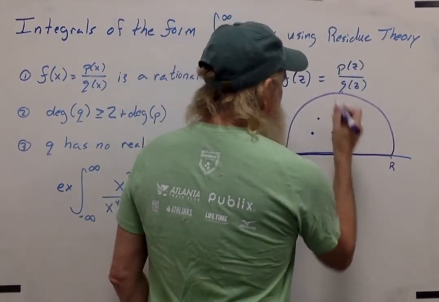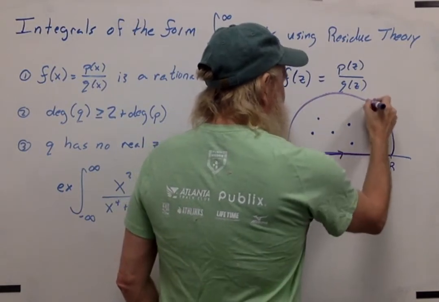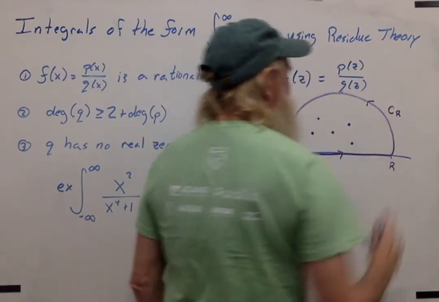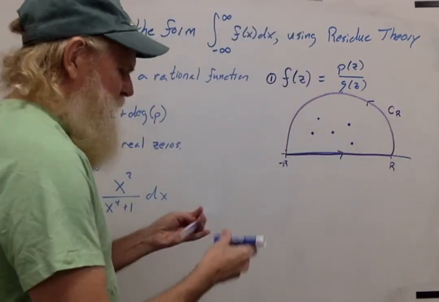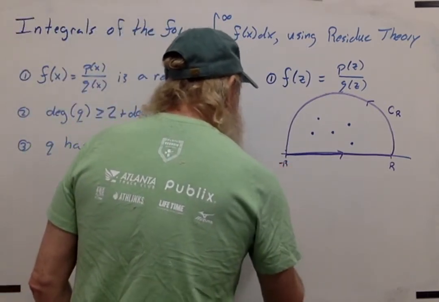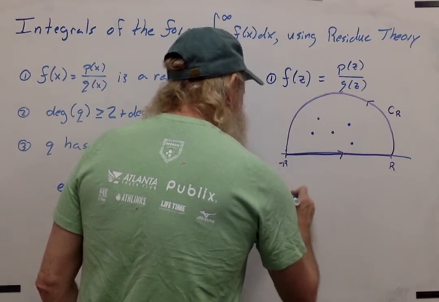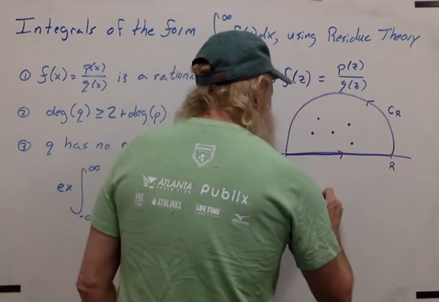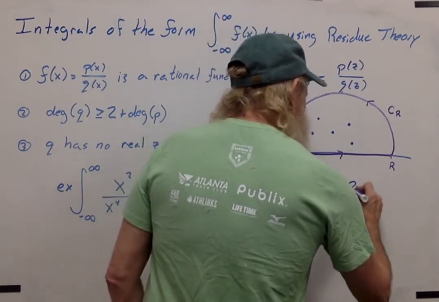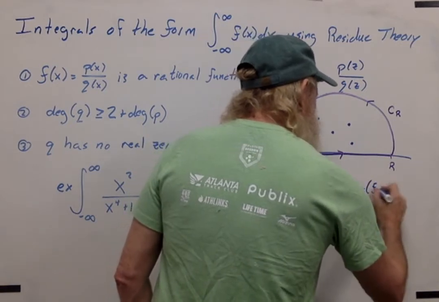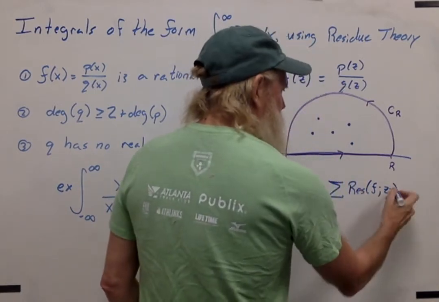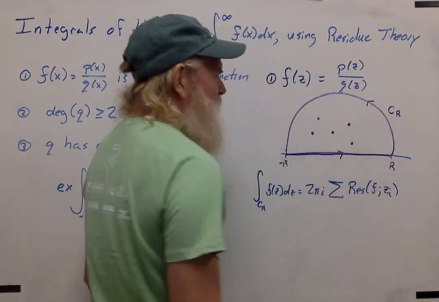Now to apply the residue theorem, I'm going to have to integrate counterclockwise around this. And let's call this curve C sub r. Then the residue theorem says that the integral around C sub r of f of z is equal to 2 pi i times the sum of the residues of f that lie inside this contour.